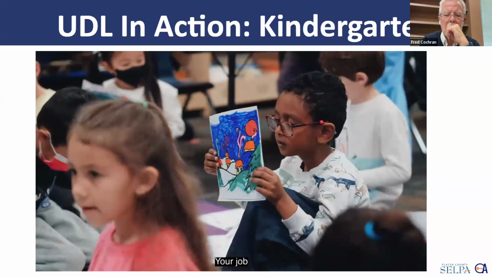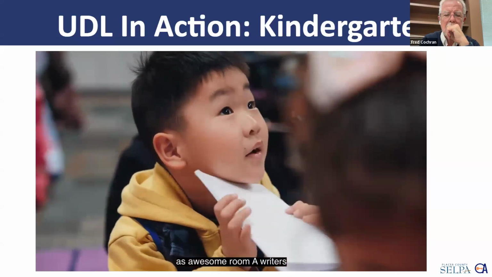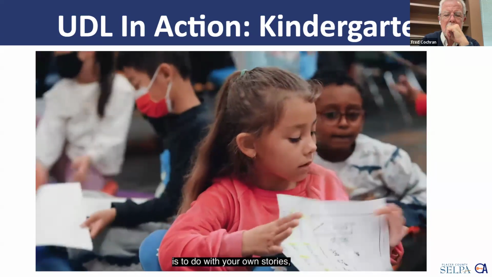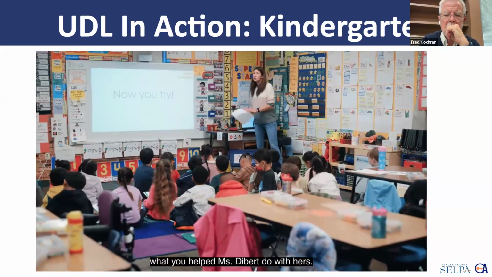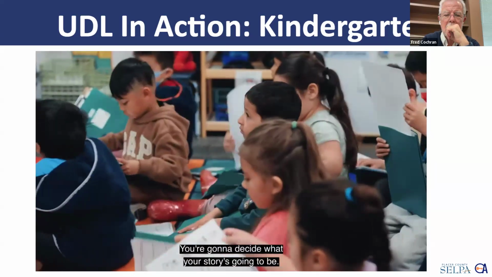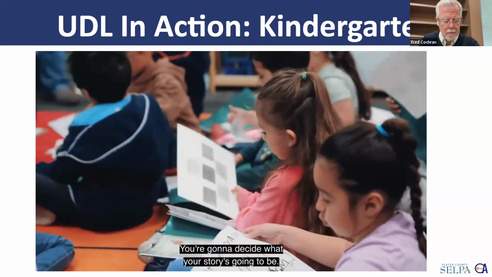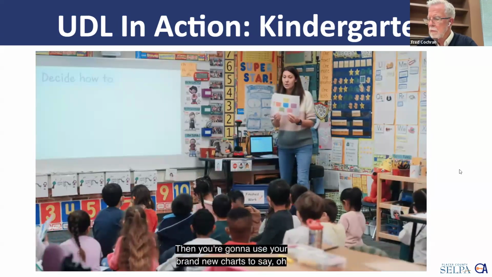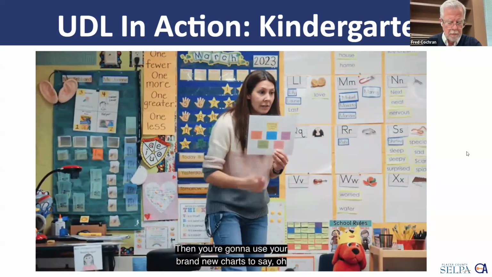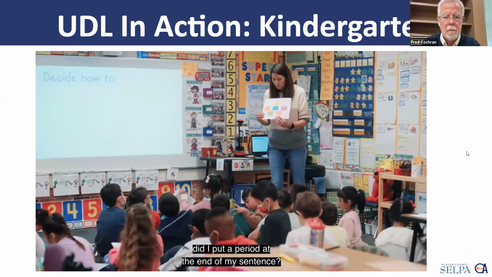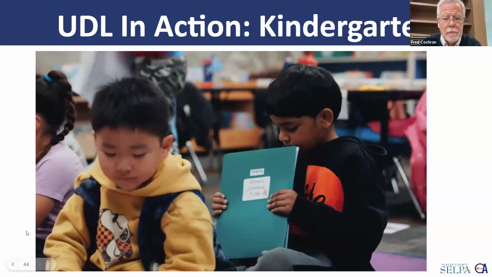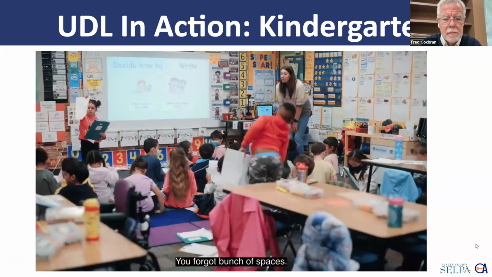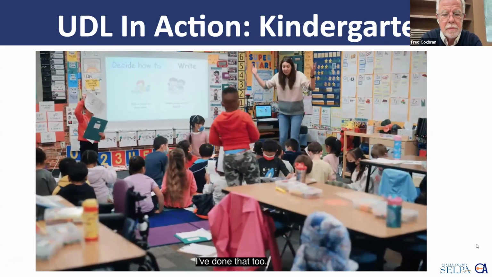Your job as awesome Room A writers is to do with your own stories what you helped Miss Stibbard do with hers. You're going to decide what your story is going to be. Then you're going to use your brand new charts to say, oh, did I put a period at the end of my sentence? Okay, now we're going to grab your writer's perspective. You forgot a bunch of spaces. I've done that too.